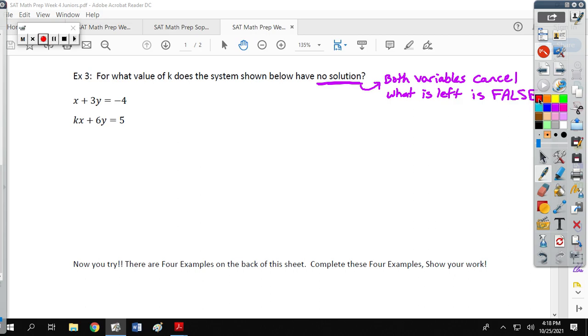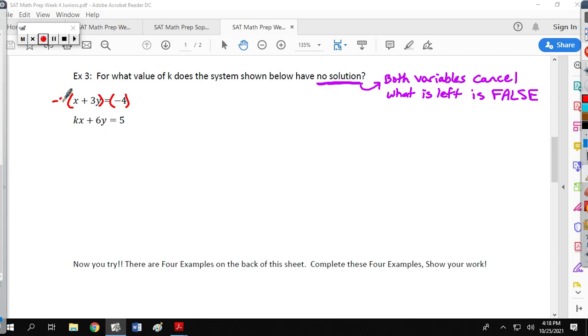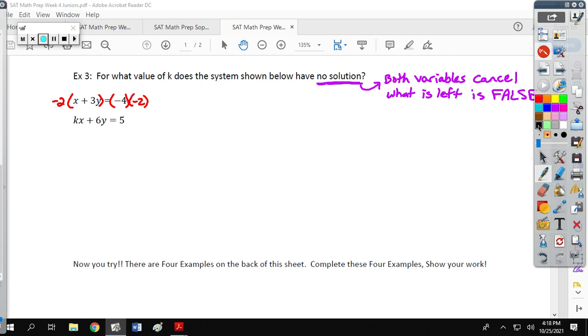So our first step here should be to set up the y for elimination, which would involve multiplying the first equation by -2. The reason I'm multiplying by -2 is I need this to be -6 so that the y's would cancel out. So when I do that, I'm going to write what's left.